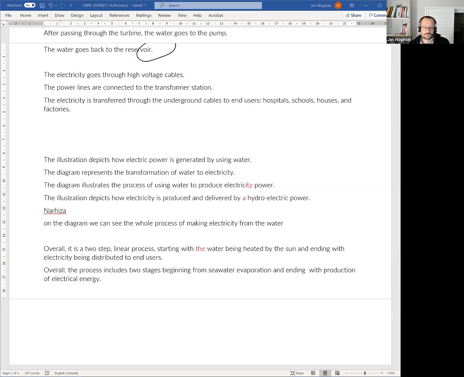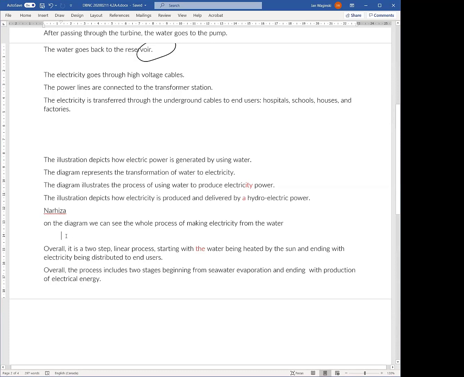Here, this one. Starting with the water, no need the? You don't need it. With water, okay. Yeah, that's good. Otherwise good.